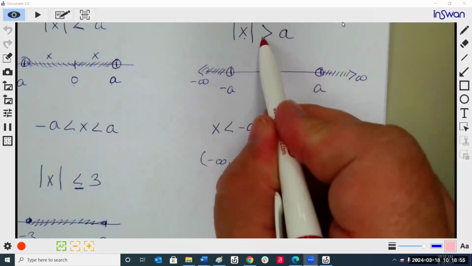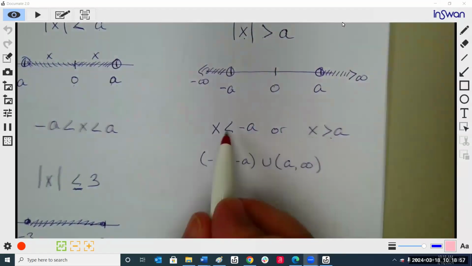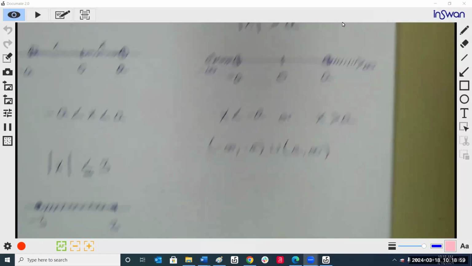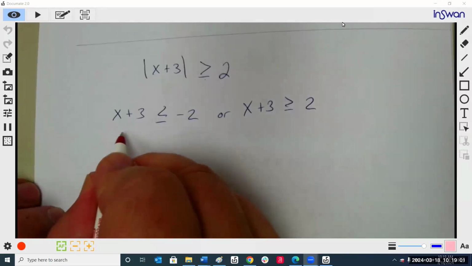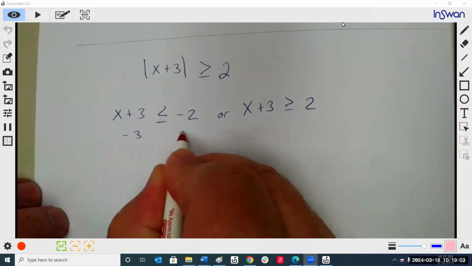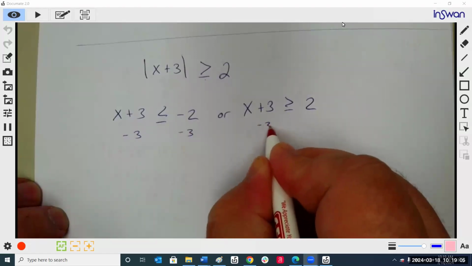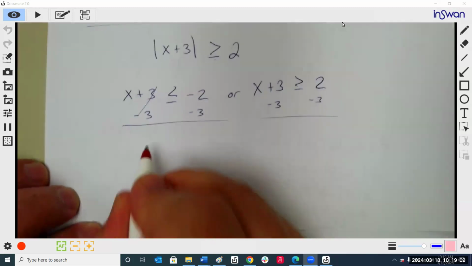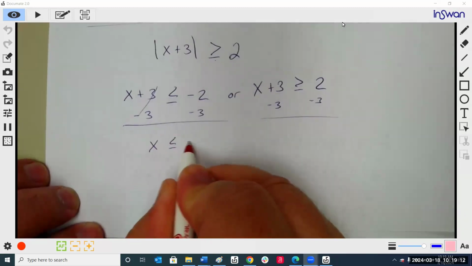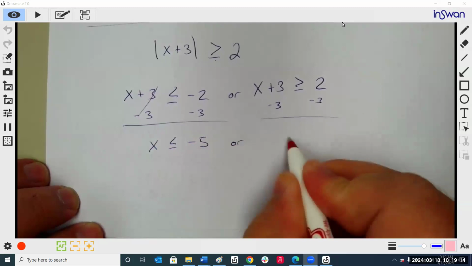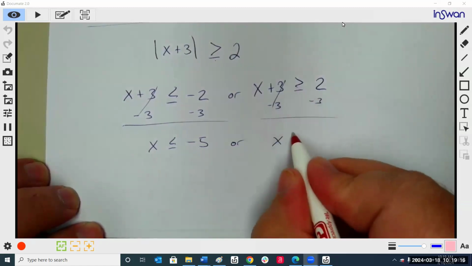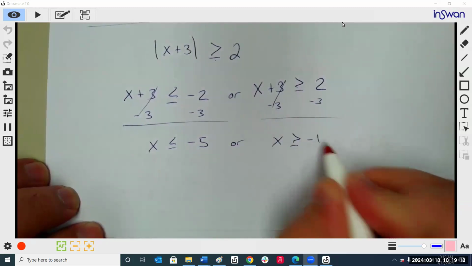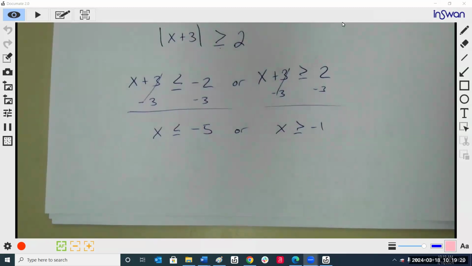If it's greater than, then the negative side is less than negative a. And we just subtract 3 across the board. And there's your answer.